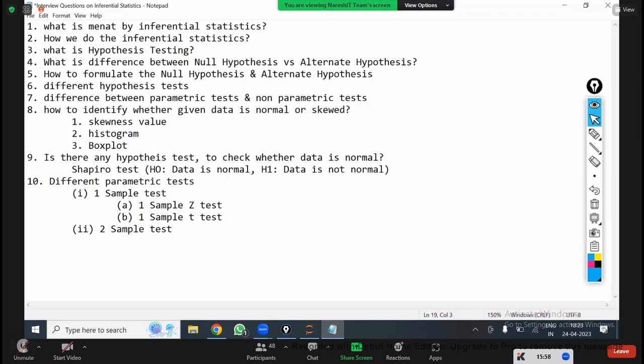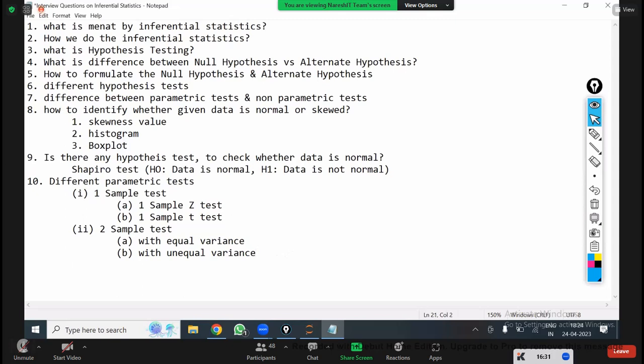Okay, these are the different types of tests which we are having, right? So out of all these tests, now next, question number 11. What is the difference between the one sample z-test versus the one sample t-test?